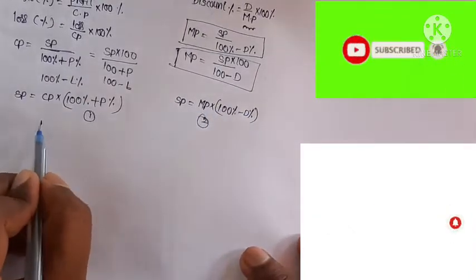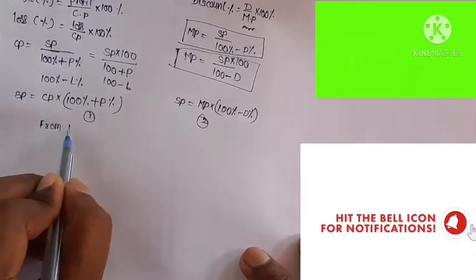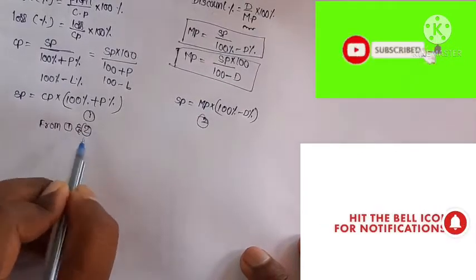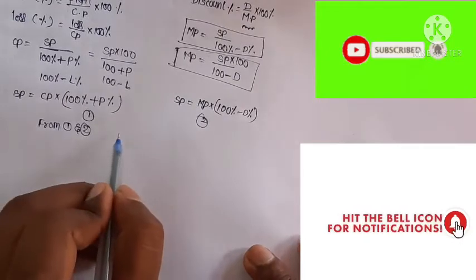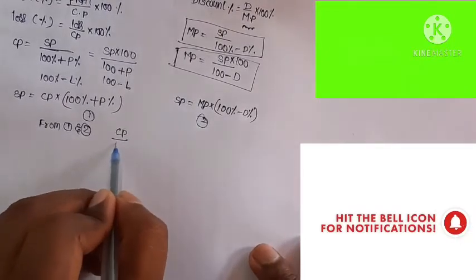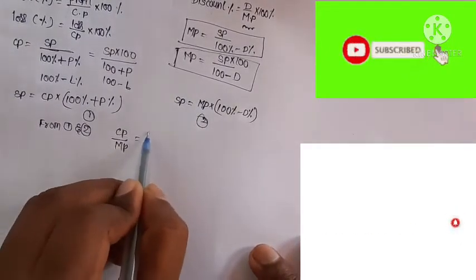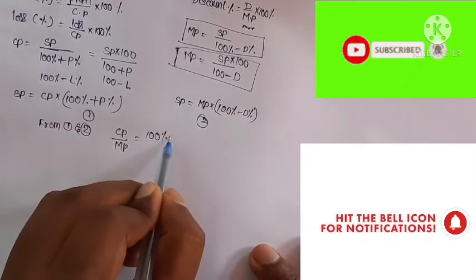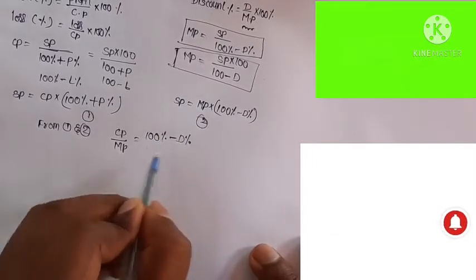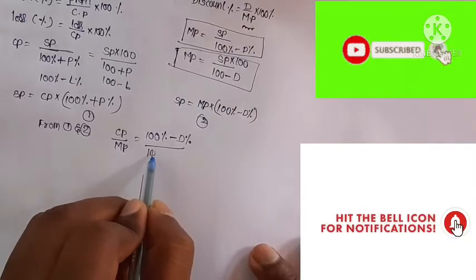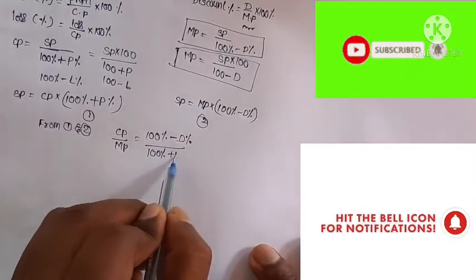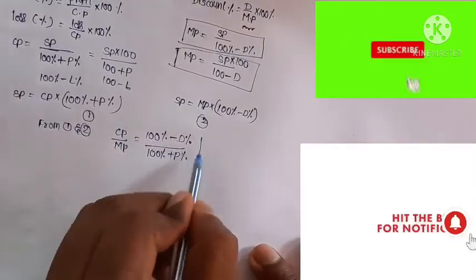So from 1 and 2, cost price by market price is equal to 100% minus discount percentage by 100% plus profit percentage.